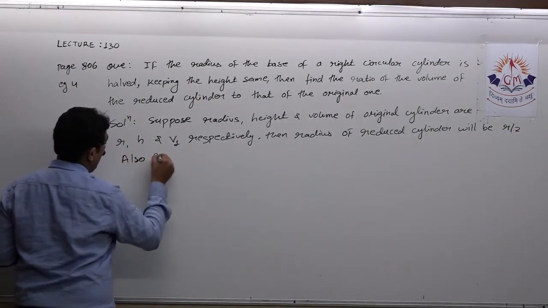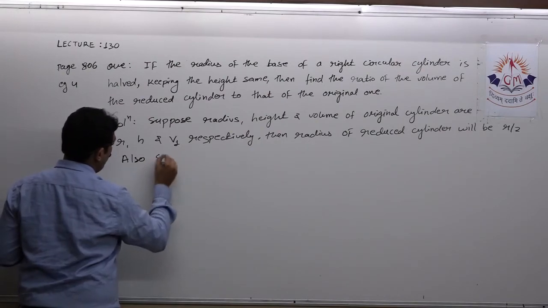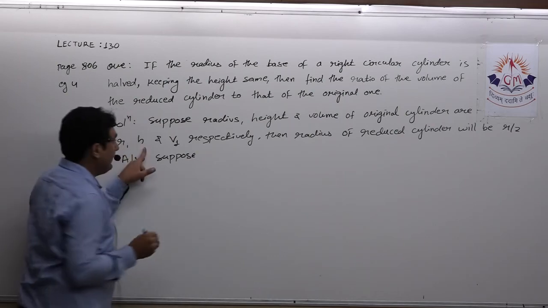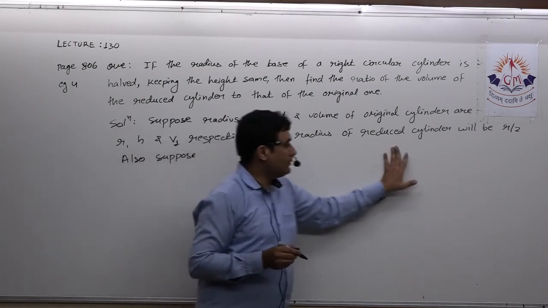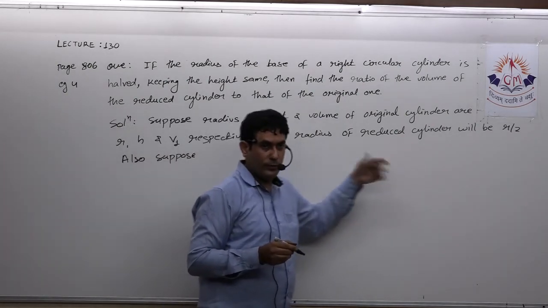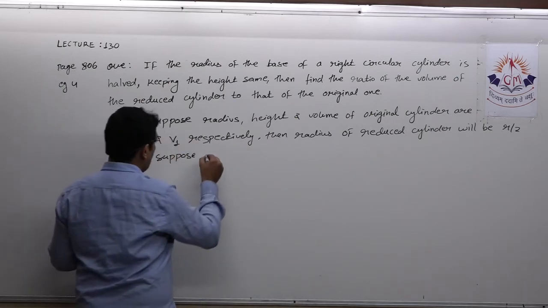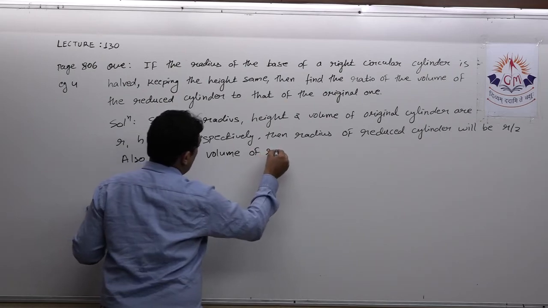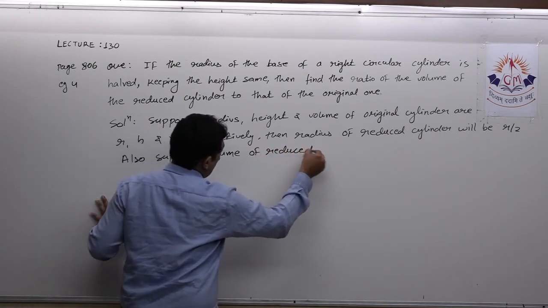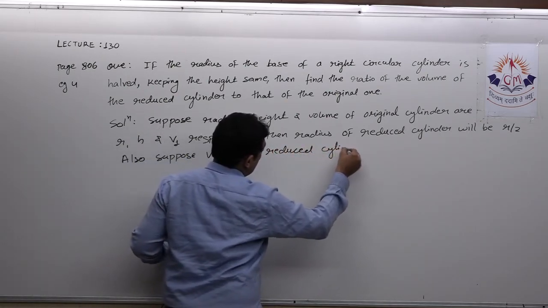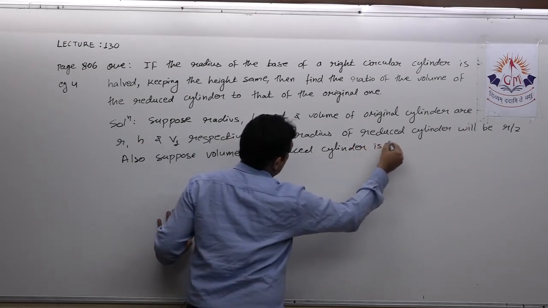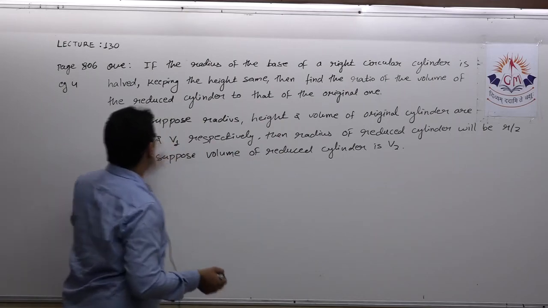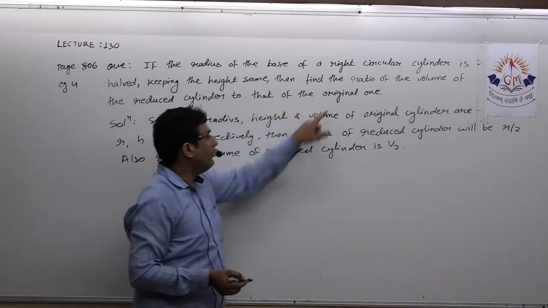Now the height is the same, so I just discuss the reduced radius of the reduced cylinder. Height is the same. Now also suppose the volume of the reduced cylinder is V2. Now what I have to find? V2 upon V1, reduced cylinder to that of the original one.